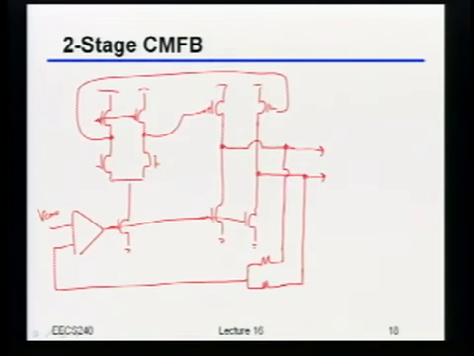Okay, so now here's going to come the brain teaser. Conceptually, all this looks just fine, right? I'm sensing my common mode output voltage over here, and I'm controlling it by adjusting this knob of bias current right here. So now, what sign should I put on the feedback of this amplifier?